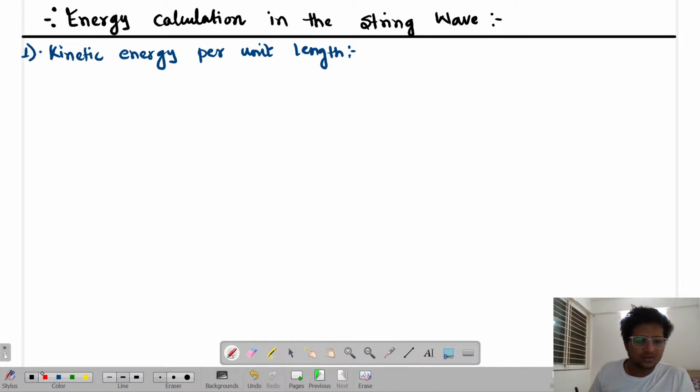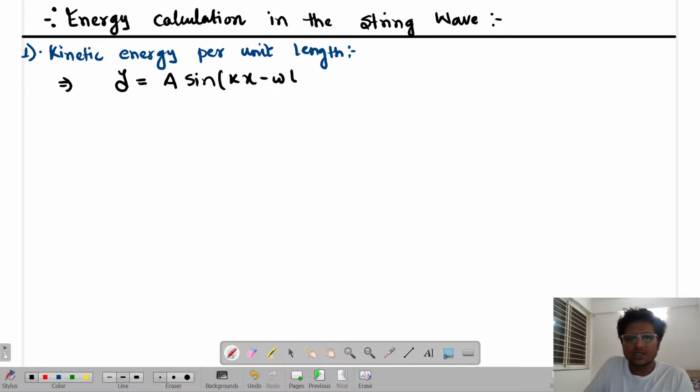So you know that the equation of wave is written as the original one, a sine, not the conventional one, kx minus omega t, isn't it? If I write omega t minus kx also, that is also fine, no problem with that. Is that clear? But since we are finding the kinetic energy, some kind of a formula based thing, so we will follow this a sine kx minus omega t.